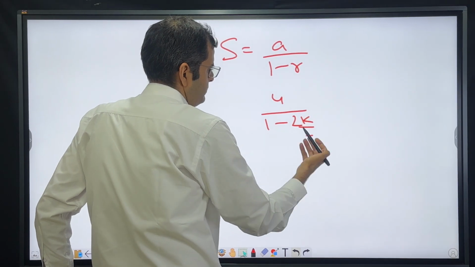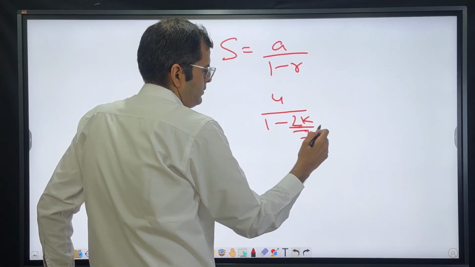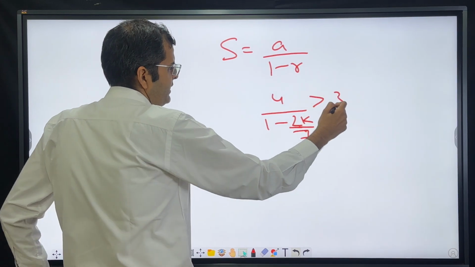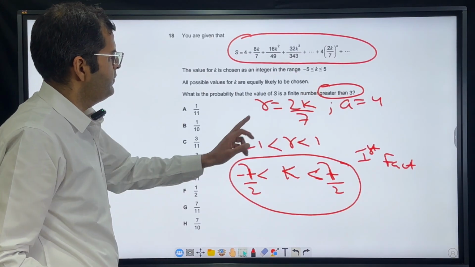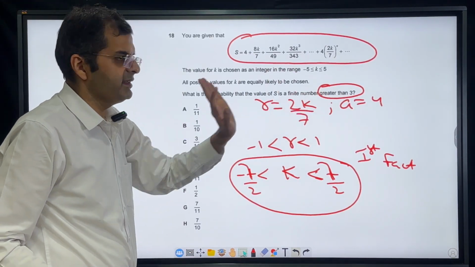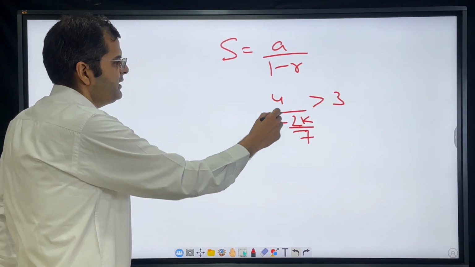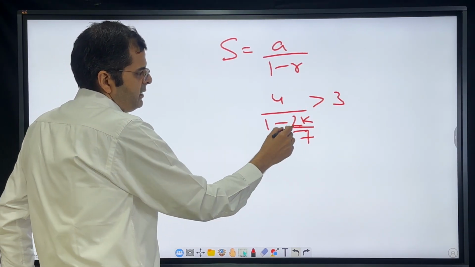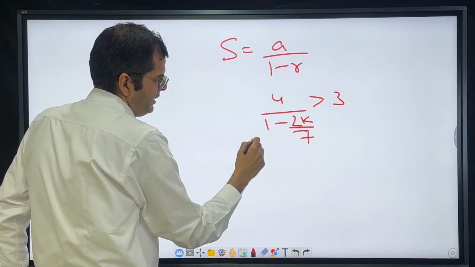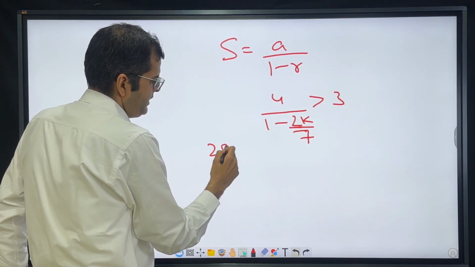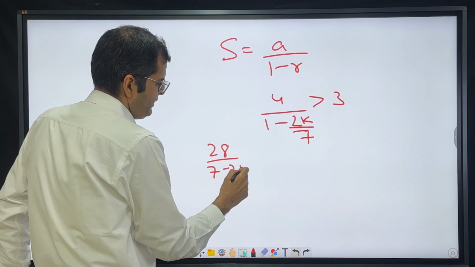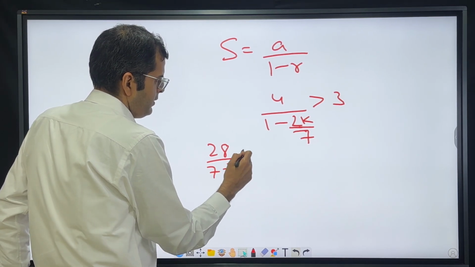Now this has to be greater than 3. It says S is a finite number greater than 3, so the sum has to be greater than 3. This is 7 goes up, and this is 7 minus 2k. So it is 28 upon 7 minus 2k is greater than 3.